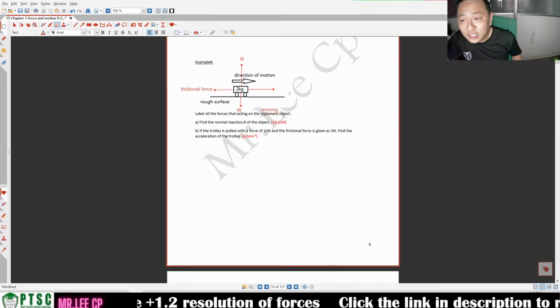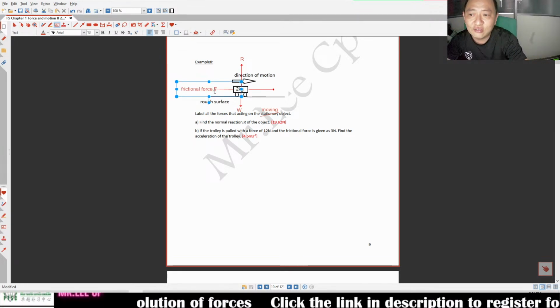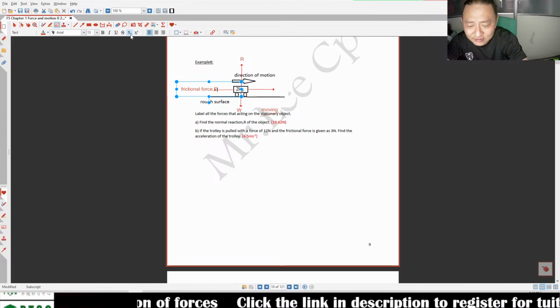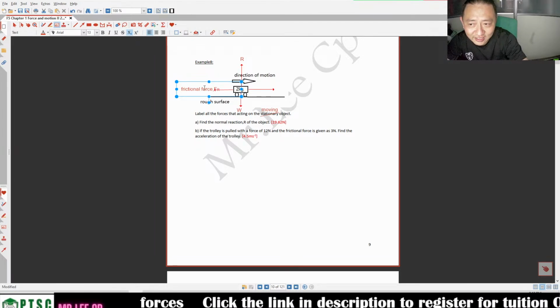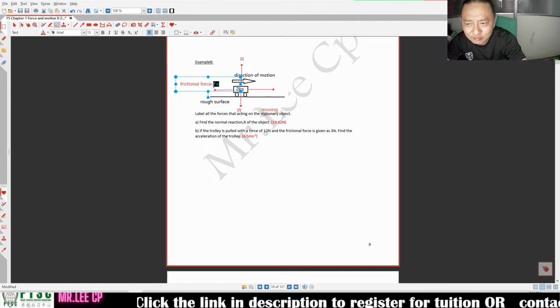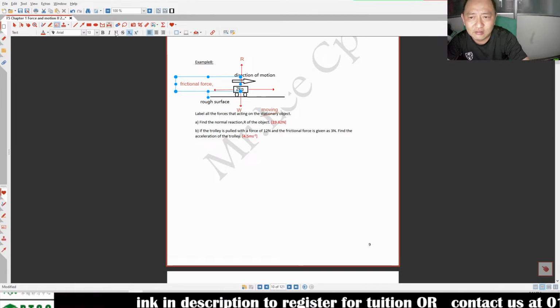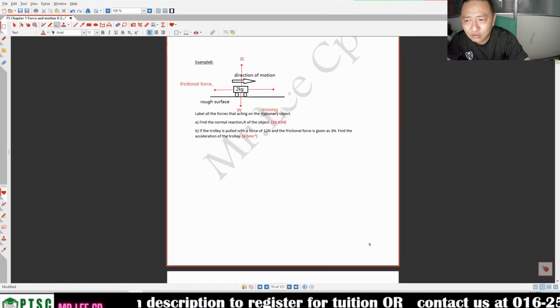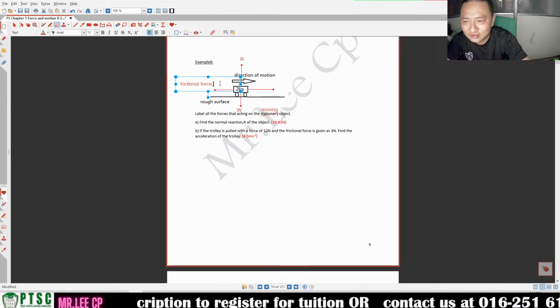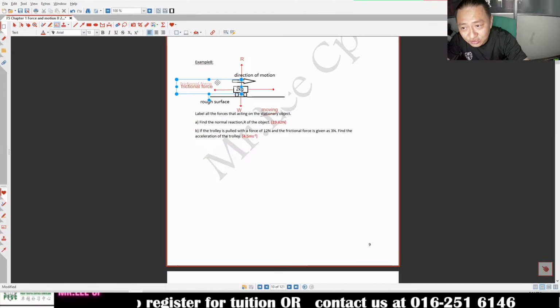If you write frictional force and then put R also, cannot. Why? Because later you will think it is resultant force. That's why it is kind of hard for us to use the symbol right now. You understand what I'm saying? So we normally don't use a symbol for this one. If you want, mu. If you don't want, just leave it as frictional force.